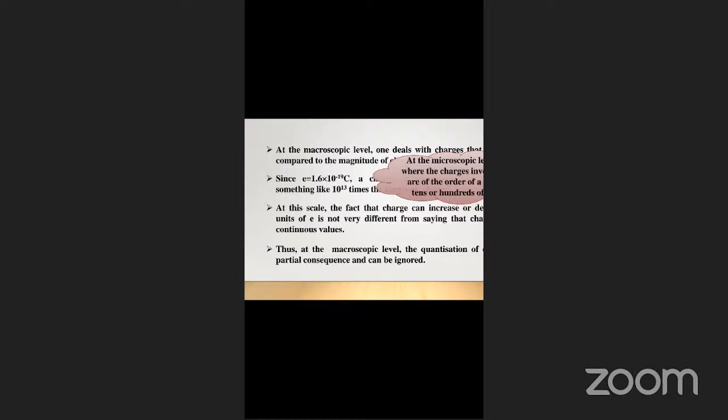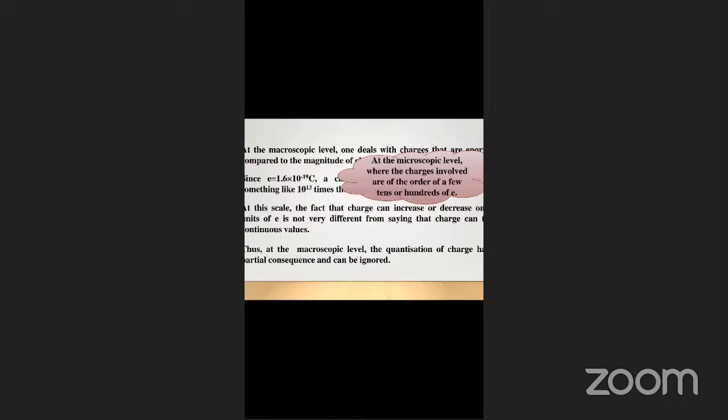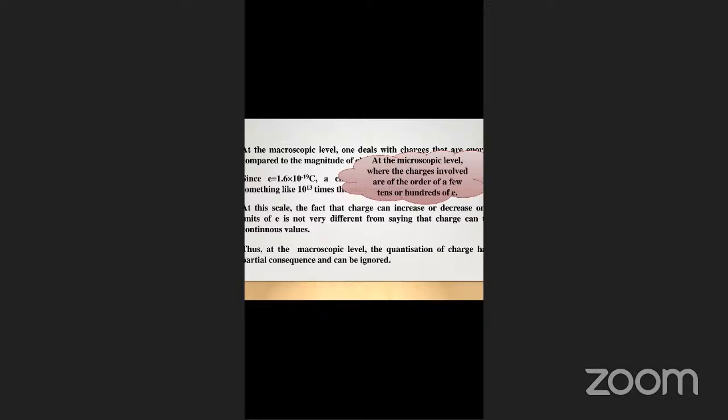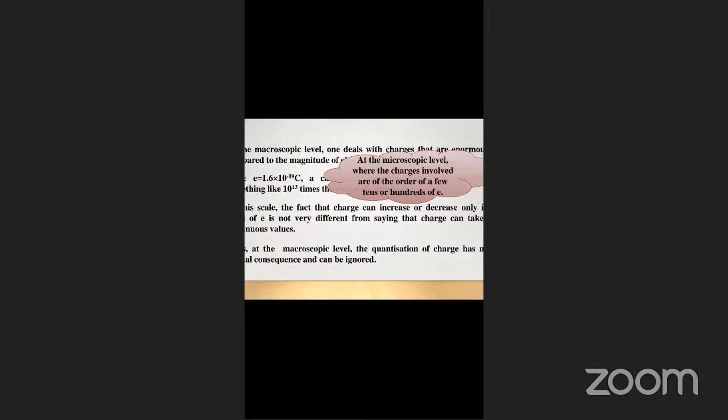The fact that charge can increase or decrease only in units of e is not very different from saying that charge can take continuous values.